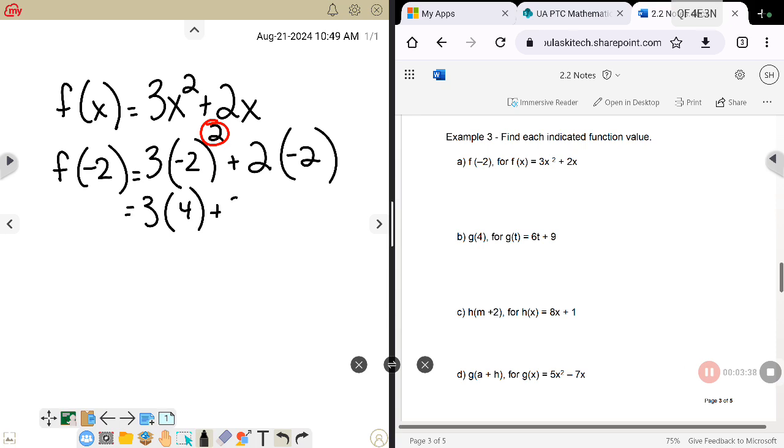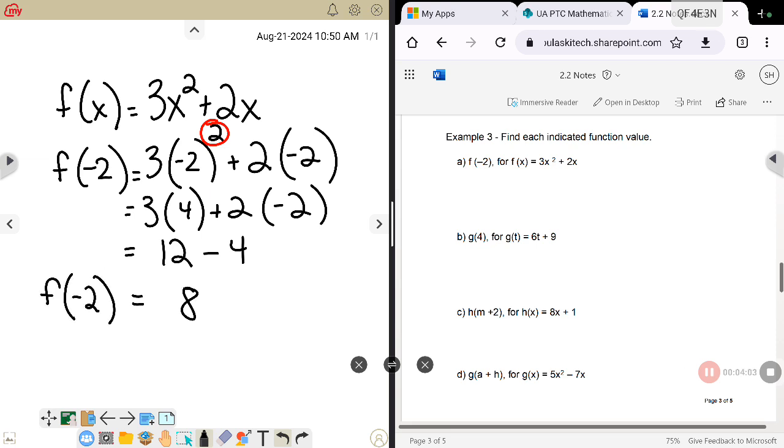Then I'm just going to bring the rest down. My next order of operations takes me to the multiplication part. 3 times 4 gives me 12, plus 2 times negative 2 gives me minus 4, and then 12 minus 4 gives me 8. So I have f of negative 2 equals 8.